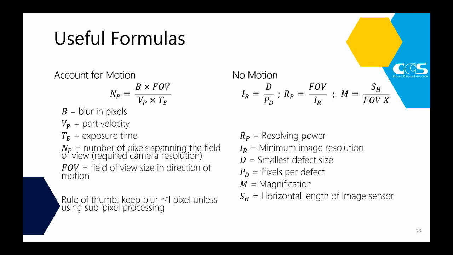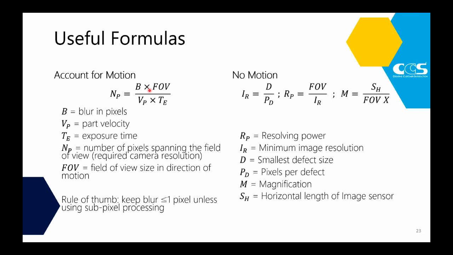The first way accounts for motion. If you want to calculate your Np, which is your number of pixels spanning the field of view, which is essentially your required camera resolution, you multiply the blur, which is how many pixels of blur you allow, by the field of view, and then divide by the speed of the part going by and the exposure time.